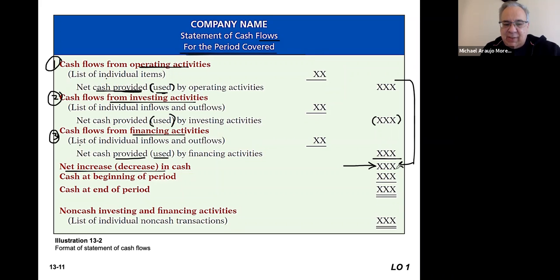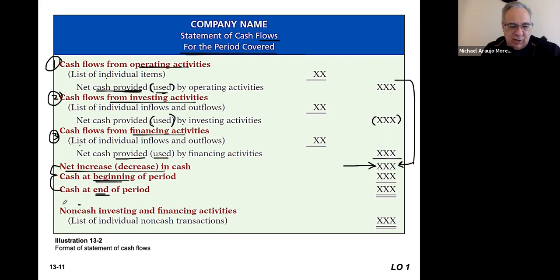When you take that increase or decrease, it should be the difference between the beginning cash and the ending cash. And that's basically a cash flow statement.